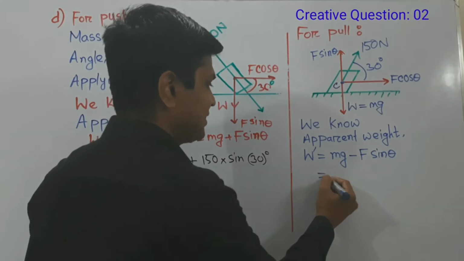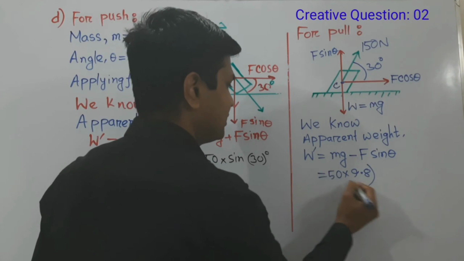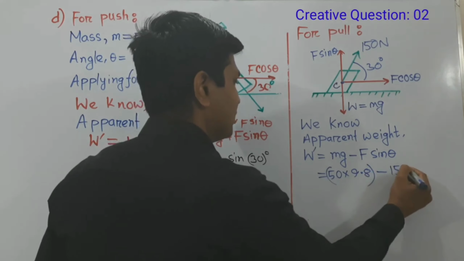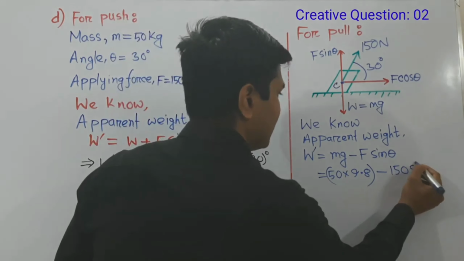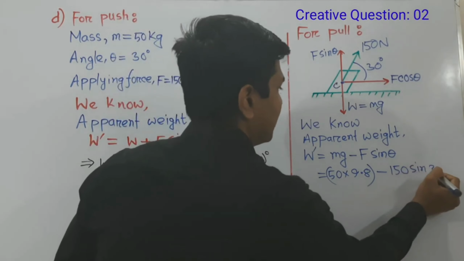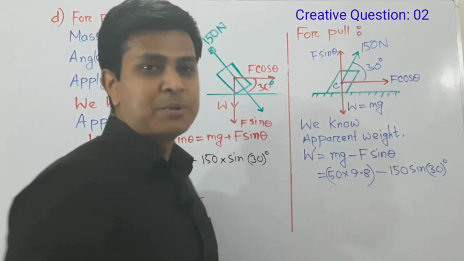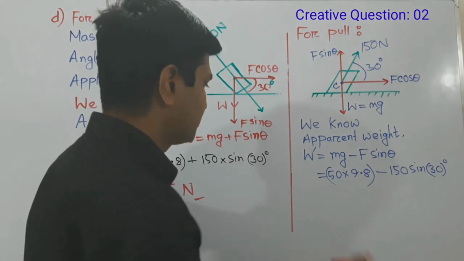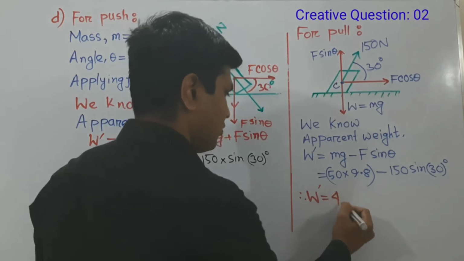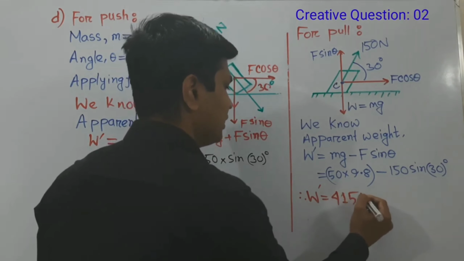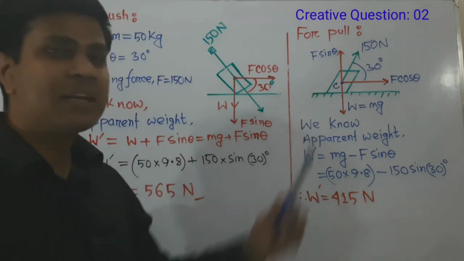Here mass is given 50 kg, acceleration due to gravity is 9.8 and value of applying force is constant, that is 150, and value of sine theta is 30 degree. And after calculation of that expression, we will get apparent weight W prime will be 415 Newton.